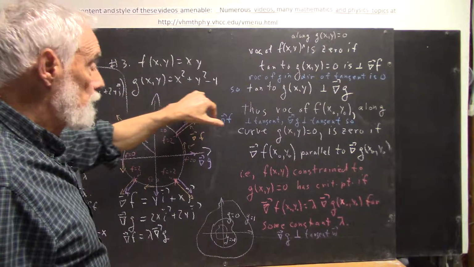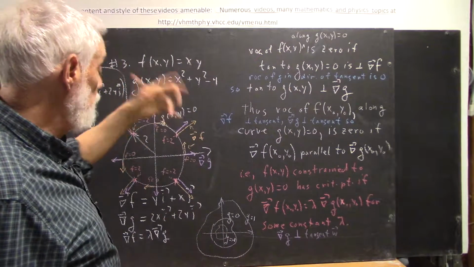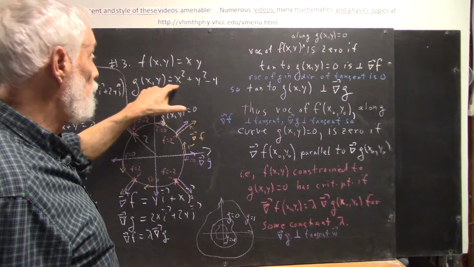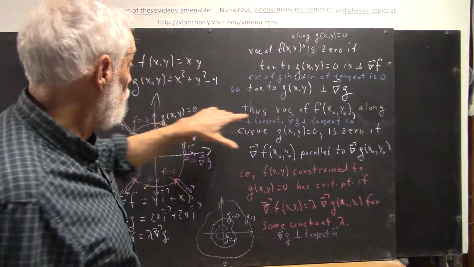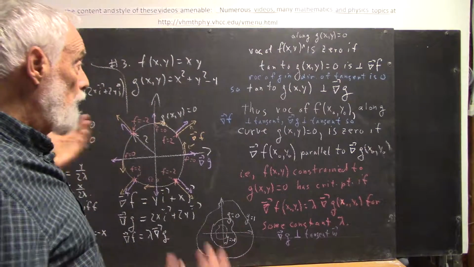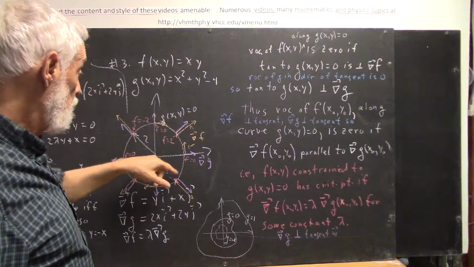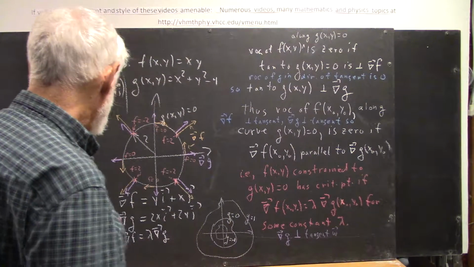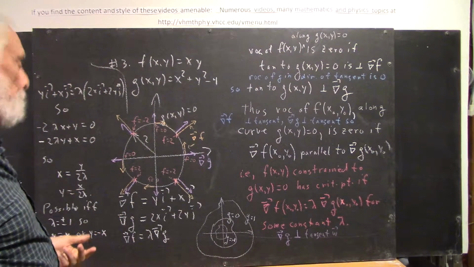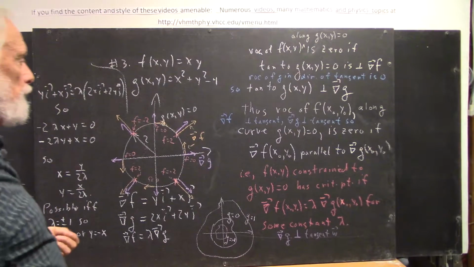Now, the two-dimensional constraint is that g(x,y) is 0, where g(x,y) is x squared plus y squared minus 4. Setting that equal to 0, we get the equation of a circle, centered at the origin, radius 2.